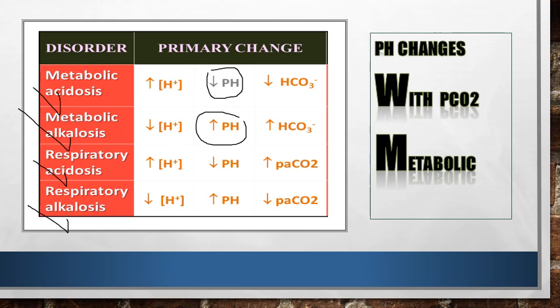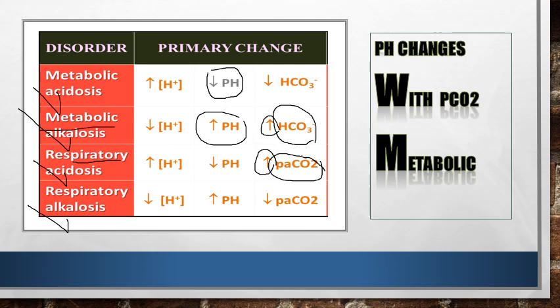How to know if it is a respiratory problem or a metabolic problem? We know that the CO2 is responsible for the acid part, and the bicarbonate is responsible for the alkalosis. So when you have an increase in the CO2, this is called a respiratory problem. When you have an increase in the bicarbonate, this is a metabolic problem.